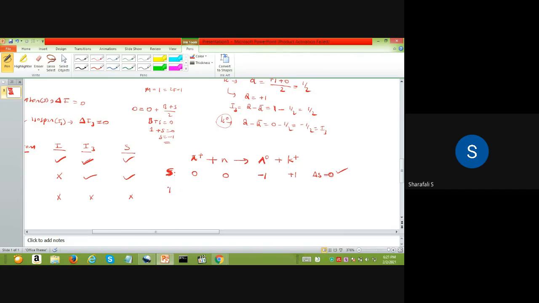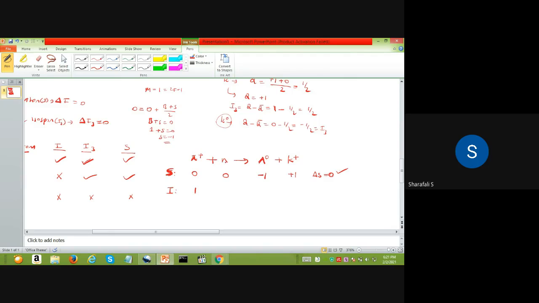Now, if you consider the isospin for pi plus, isospin will be 1 because it is a triplet: pi plus, pi 0, pi minus. If you put it in and calculate that I, it will be 1.